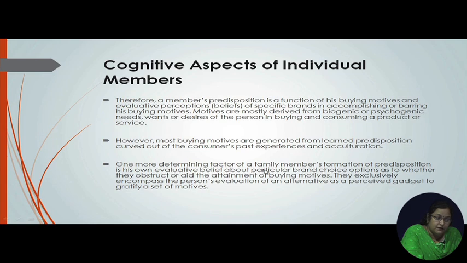One of the determining factors of a family member's formation of predisposition is his or her own evaluative belief about a particular brand. Now, say the person wants to choose historical tour packages, the man, the father of the family, but there are Rajasthan, there is Gujarat, there are other historical places in the country as well. But which one will score more in his mind?